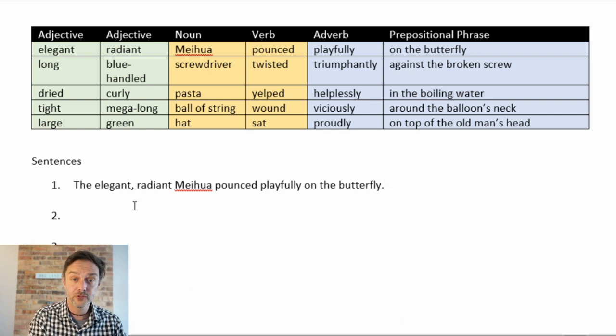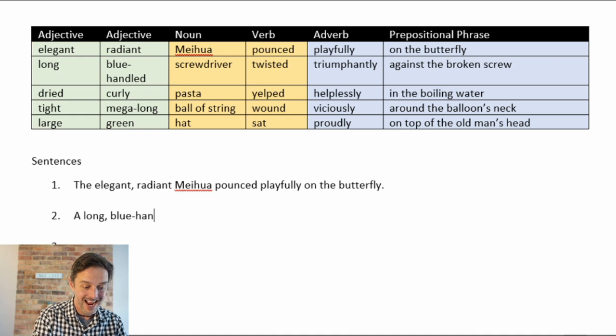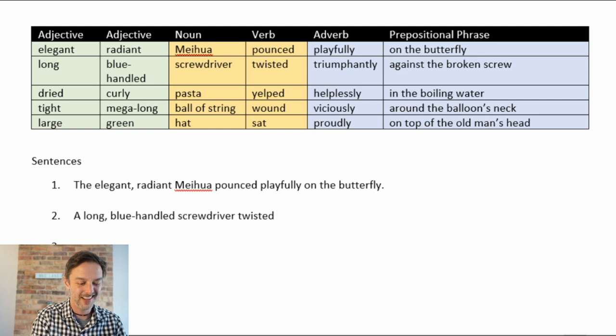Long blue-handled screwdriver. I used that last time, so I'm going to go for up this time. Long, comma, blue-handled screwdriver, expanded noun phrase, twisted, nice, triumphantly, twisted triumphantly, I like that.